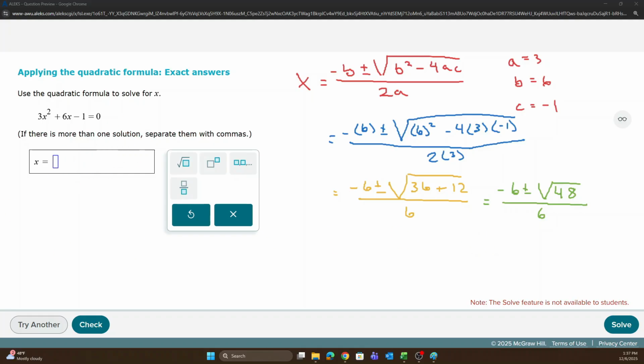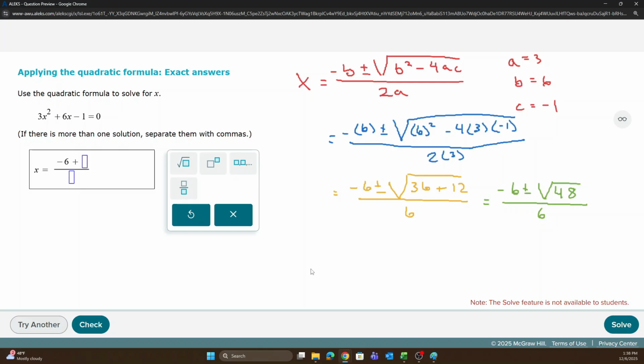So let's put that in here. We want it to be exact, so it says here "exact." It's not asking you to plug that into the calculator. We don't have a calculator option over here, and if there's no calculator option, do not plug this into your calculator.